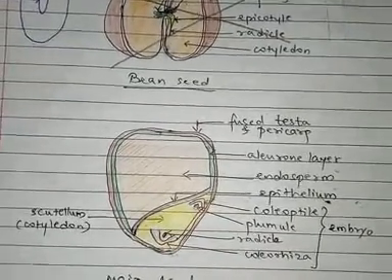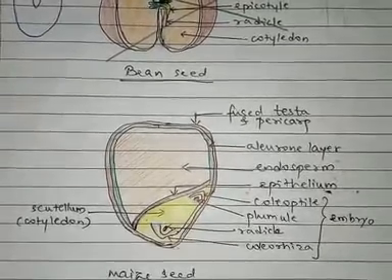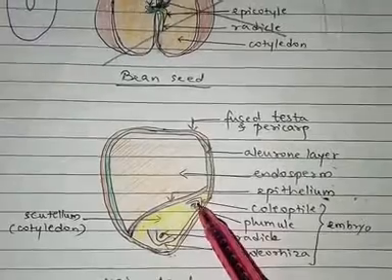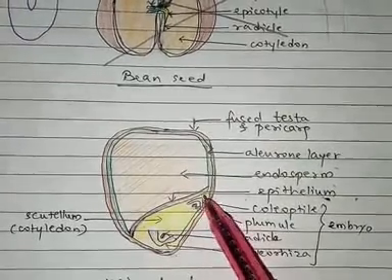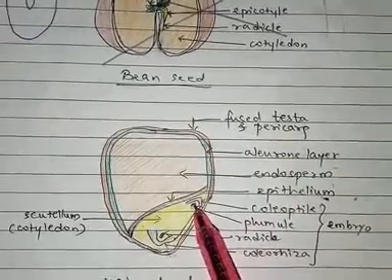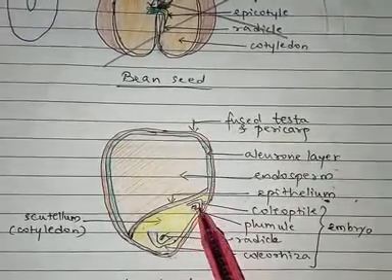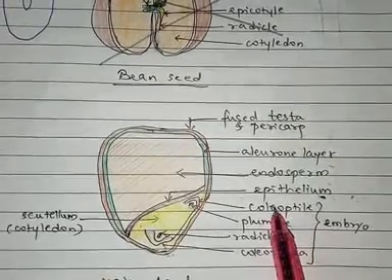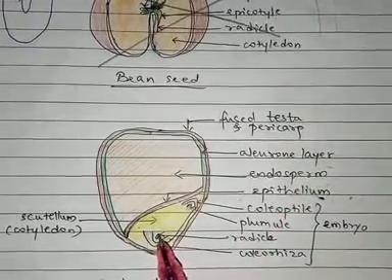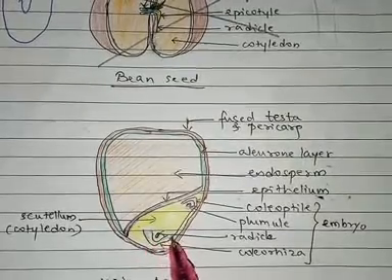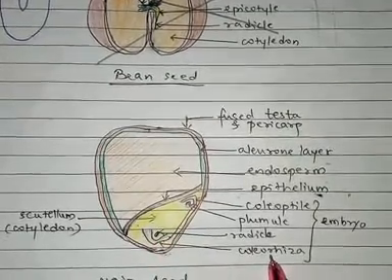But in case of maize grain, there is a protective layer present just above the plumule called the coleoptile. Same way, just above the radicle there is a protective layer present called the coleorhiza.